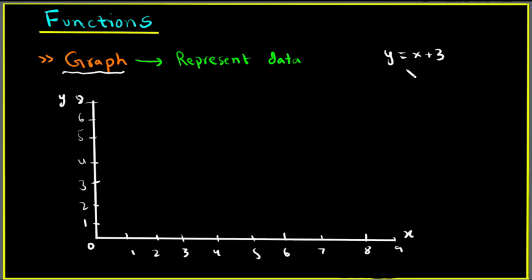Now we need to see how we can translate this equation into this graphical format. First of all, we can draw a table. We can write y here and x here, and make a small table. What we need to do now is take some sample values of the function.